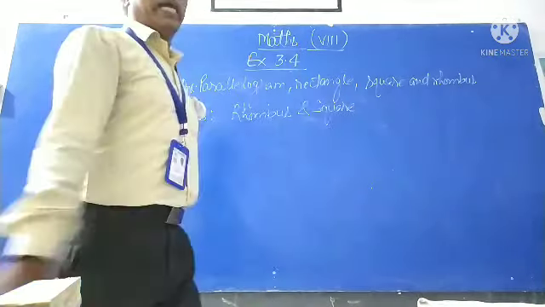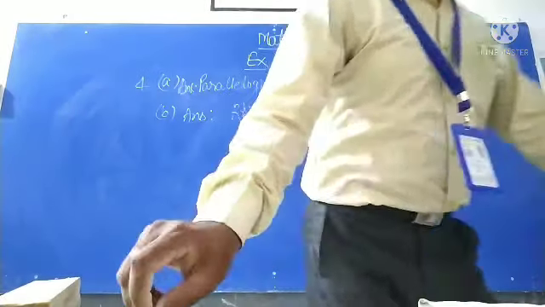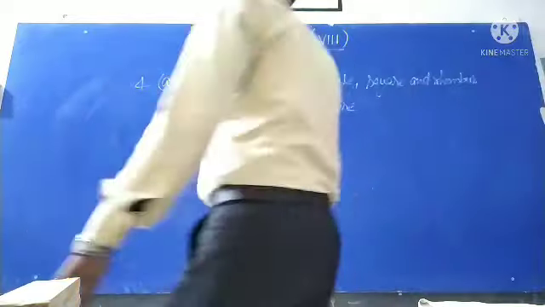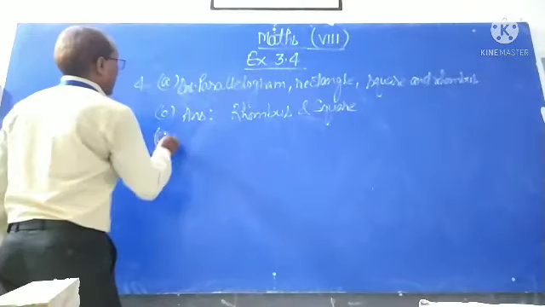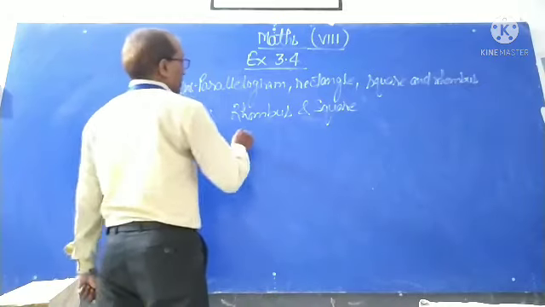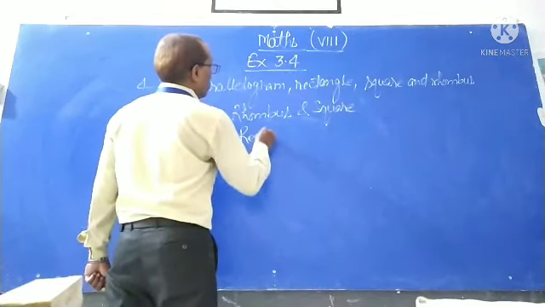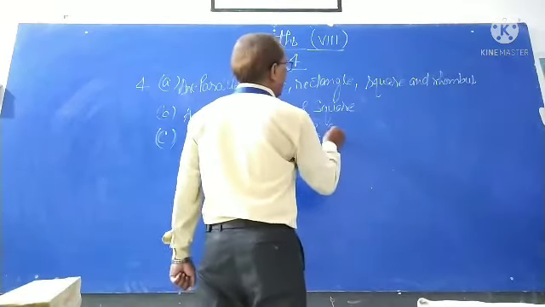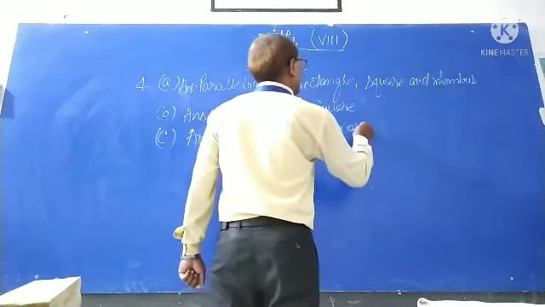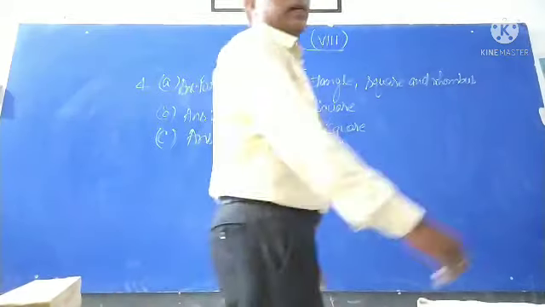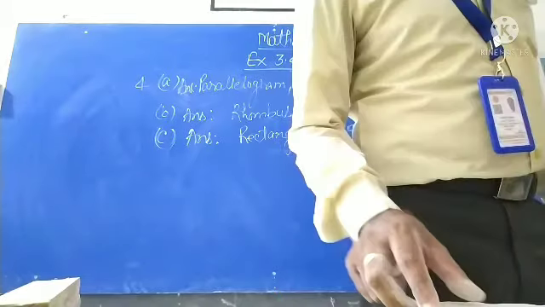Both diagonals bisect each other at 90 degrees. And where the diagonals are equal: rectangle and square. Rectangle and square diagonals are equal.